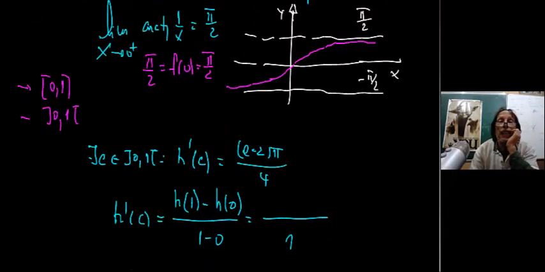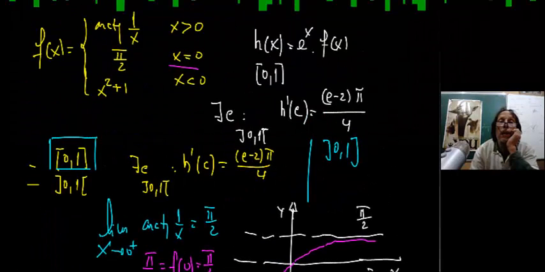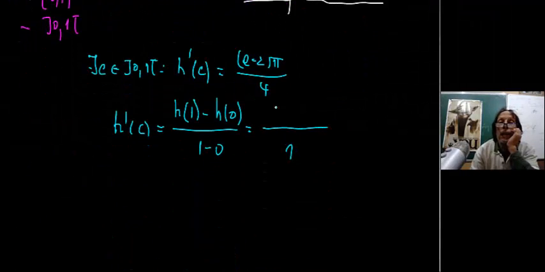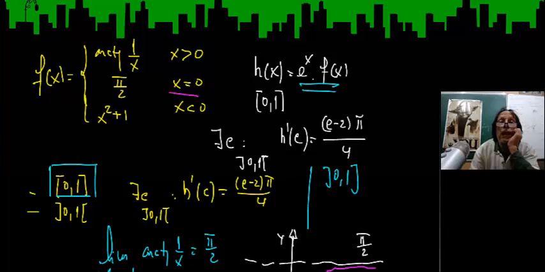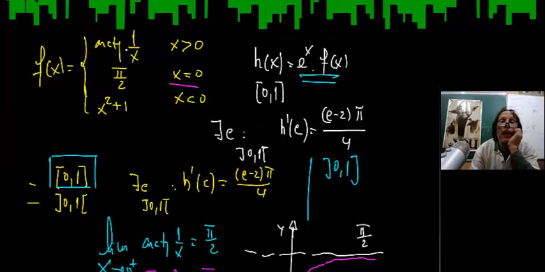At the point 1, as h is a product, I will get a to the exponent 1, times f of 1, but f of 1 is the arctangent of 1.